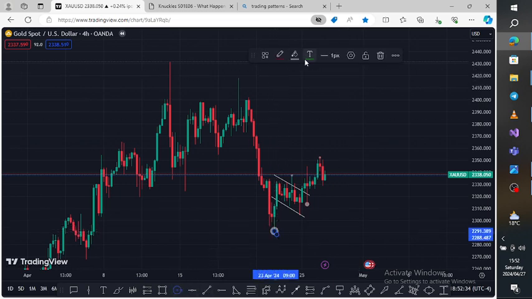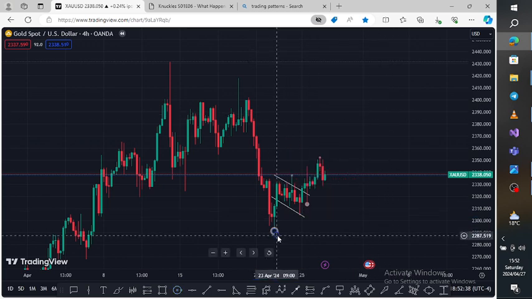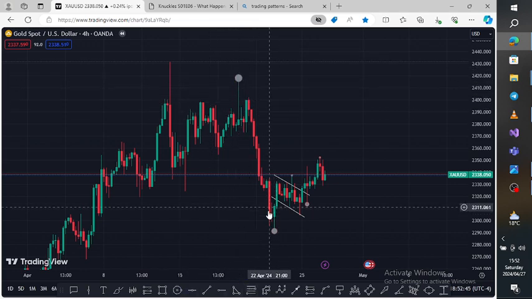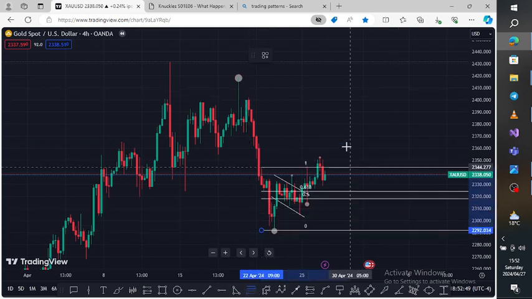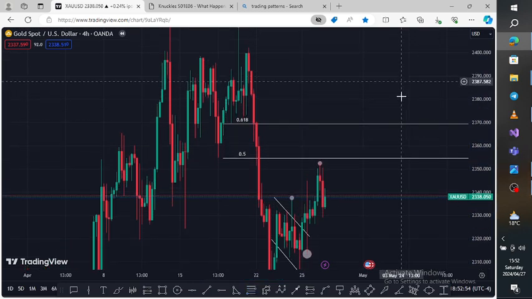That's my low. I meant to say that's my marked low, and this is my marked high in this case. So being the fact that these are my marked high and low, I use Fibonacci, you understand?